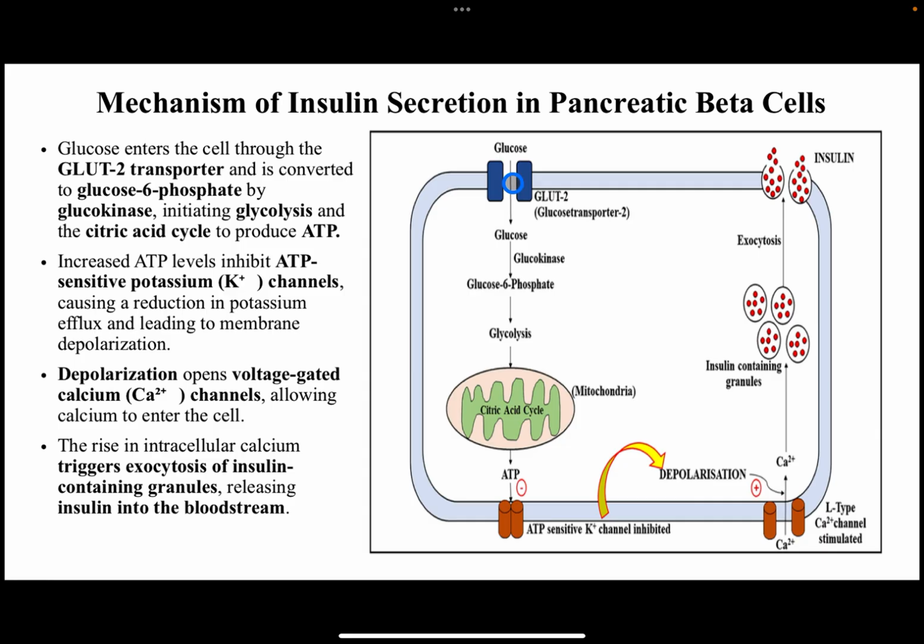Now, after the glucose has entered the cell, glucose metabolism and ATP production will be the next activity to take place.